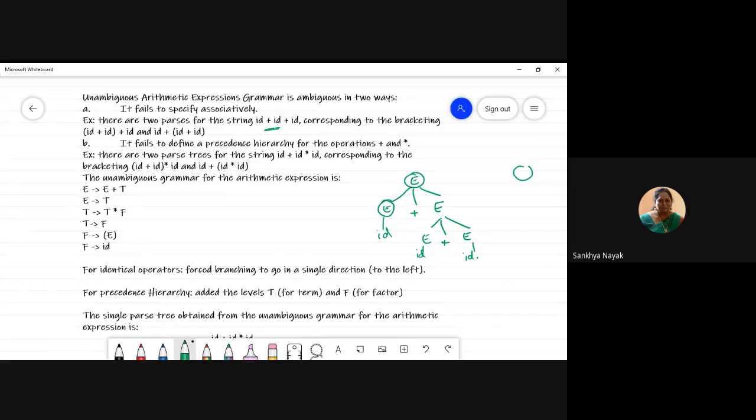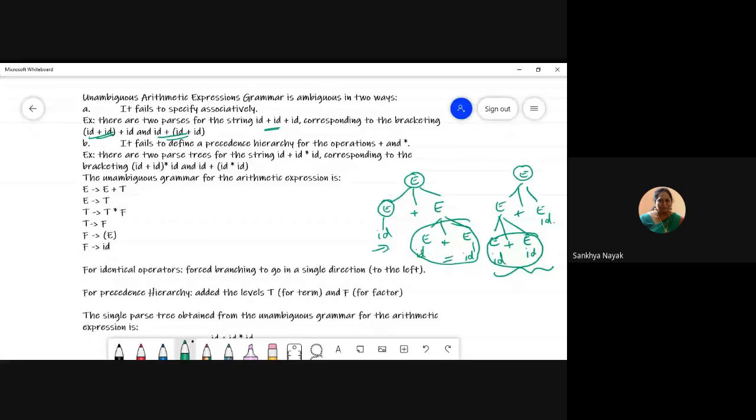Another parse tree for the same string can be E derives E plus E, where I choose to expand this E first. So I have ID, ID, ID, correct? So we have two parse trees. This one corresponds to this parse tree, which means we evaluate this first, and this expression is talking about this parse tree, where we evaluate the expression here.